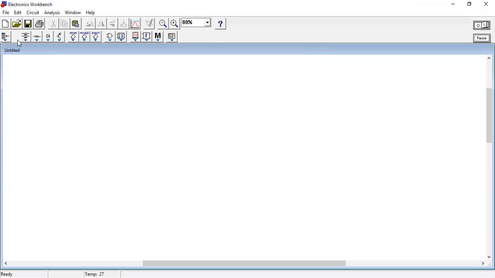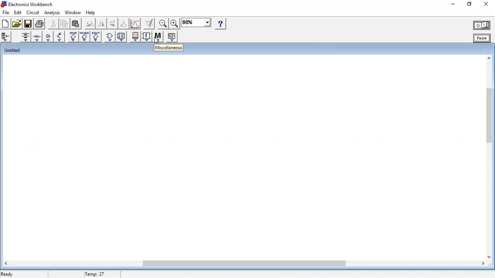Now we want a source. There are two sources, AC source and DC source. Now we want the AC source, so we can take this one.